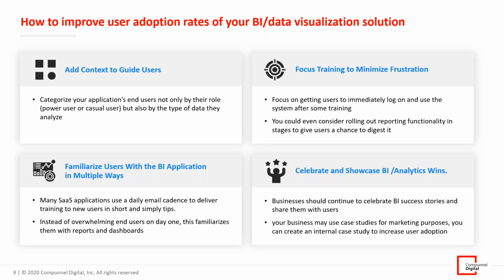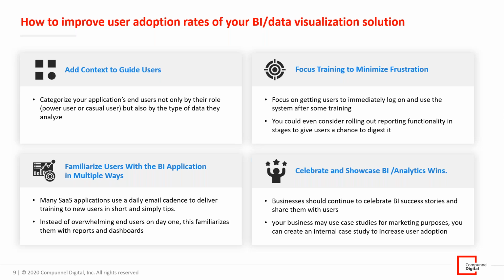For that matter, we could even consider rolling out reporting functionality in stages to give users a chance to digest it. What I observed in many implementations is that we build 100 reports and throw them at the user. So what will happen? With 100 reports, he cannot read and digest them all at once. Instead, you can deliver maybe 10-15 reports in the first phase, maybe 20-30 reports in the second phase, or maybe the next 20 reports in the third phase, so that users can understand and digest the reports.